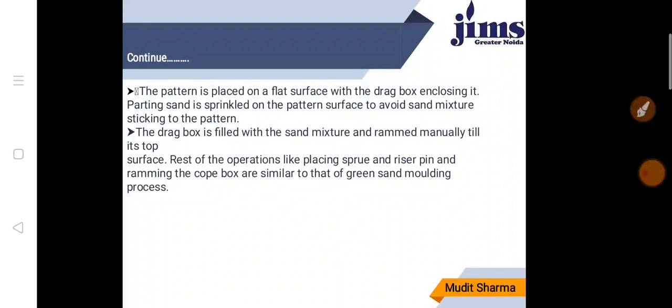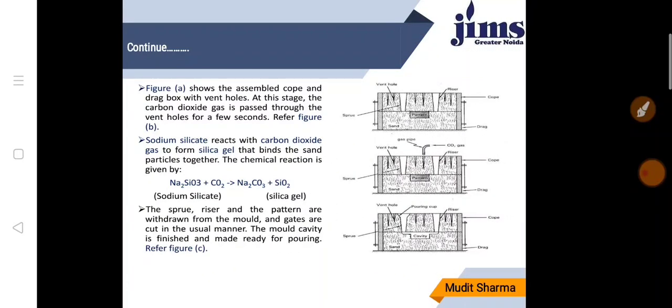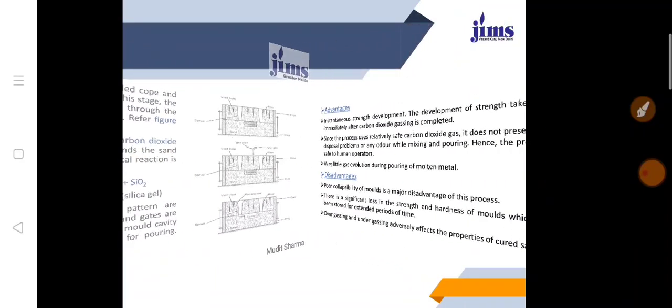The drag box is filled. You can understand all the following steps with the help of the diagram which I am going to show you. This figure shows each and every step of this molding process one by one. I hope you will study it very carefully.